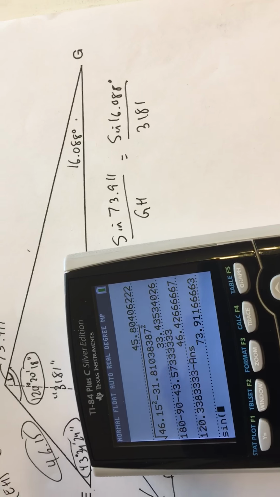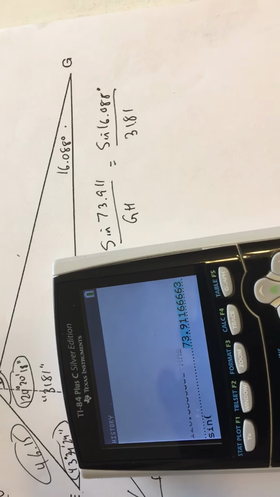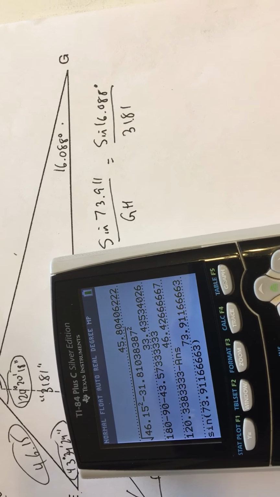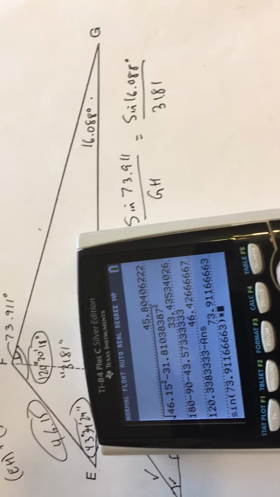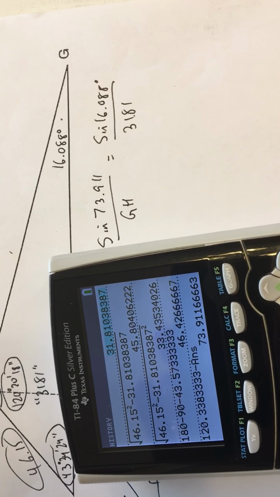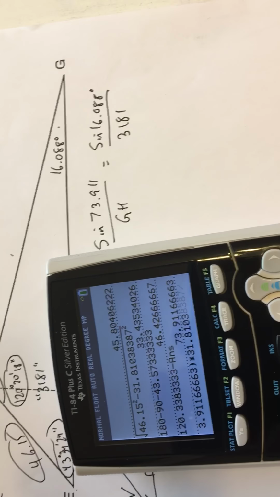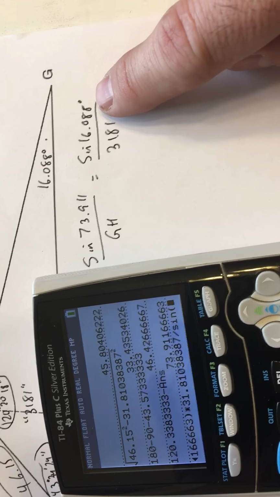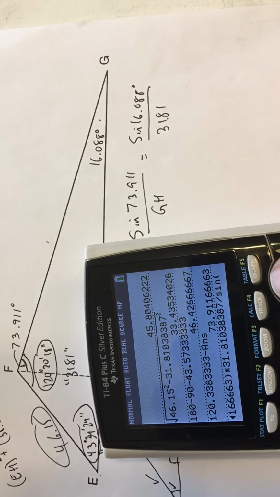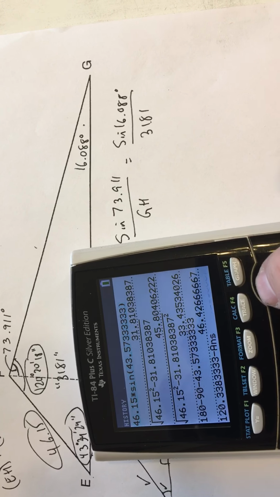Here, let's try it again. Sine of 73.911, close it, times. Now I gotta go find that 31.81, I know it's up, there it is, enter. Divided by the sine of 16.088, which I think was way up.